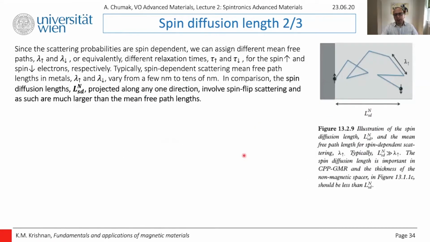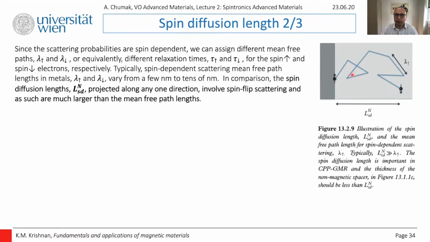Let us try to define it. So here is a sketch of what is actually going on with our electrons. This is our interface, magnetic layer, normal metal layer. And when an electron moves, it of course is scattered on phonons, on impurities and so on.